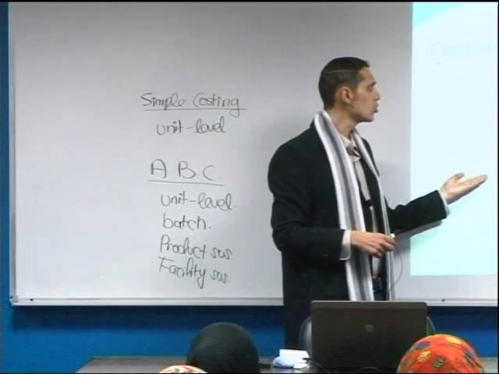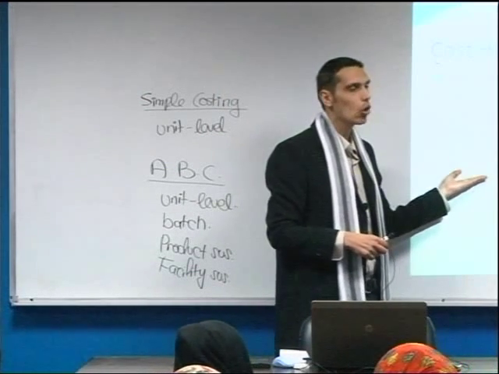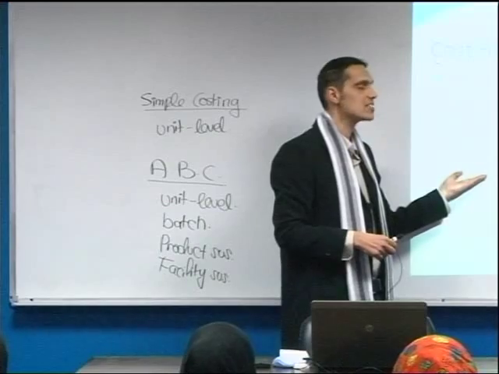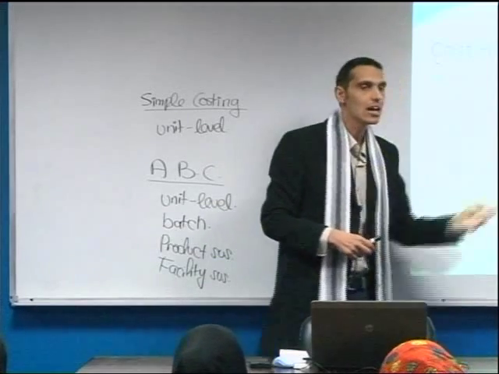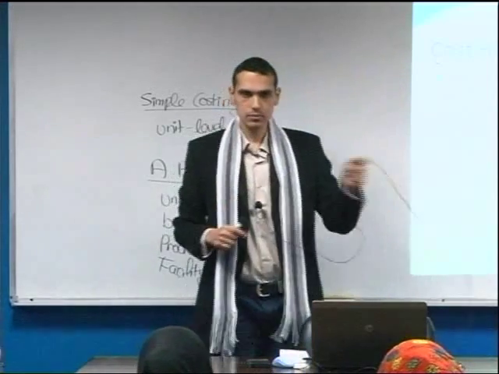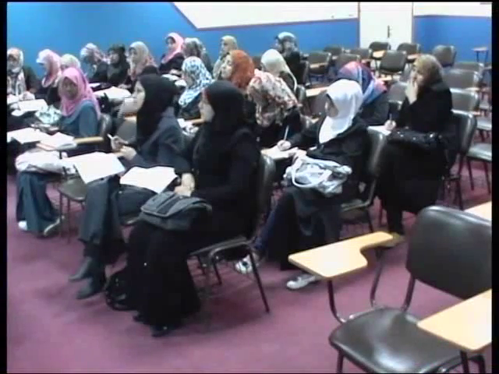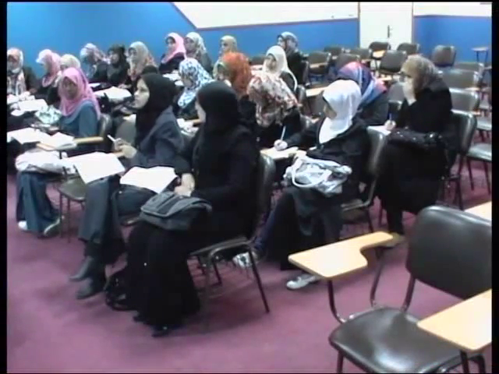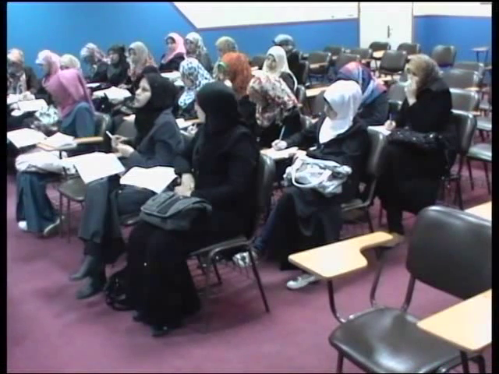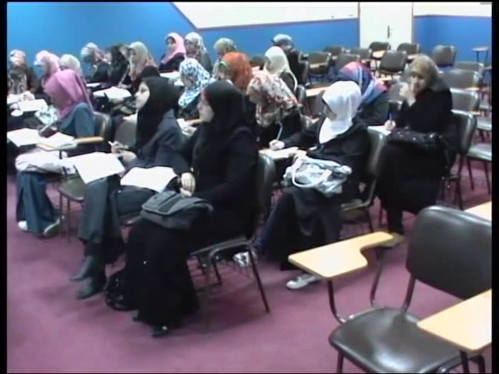Now, let us go to the last hierarchy or last classification, which is the facility sustaining level. The cost of activity that cannot be traced to individual products but supports the organization. Excellent.